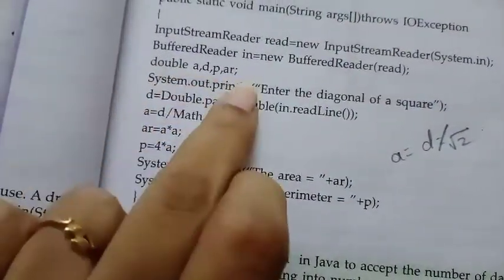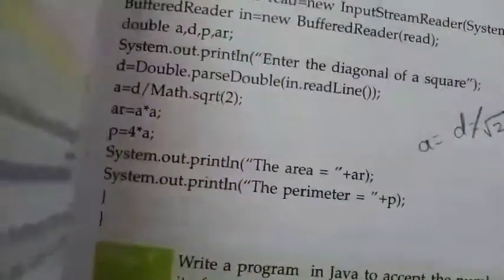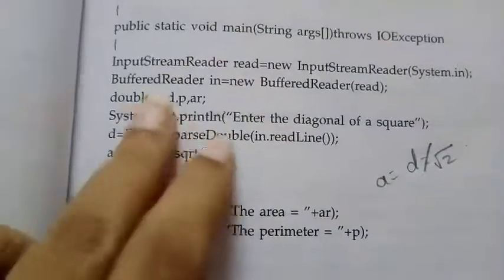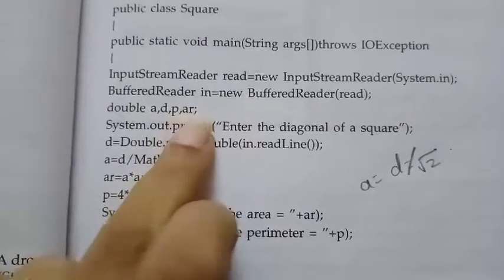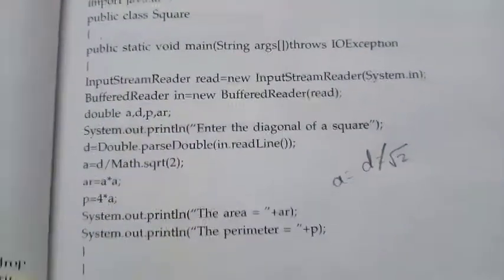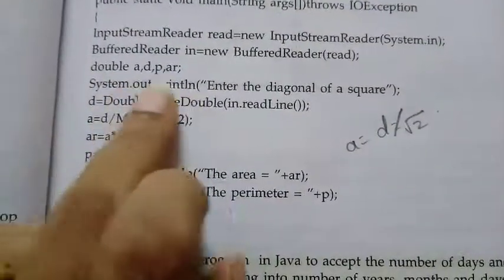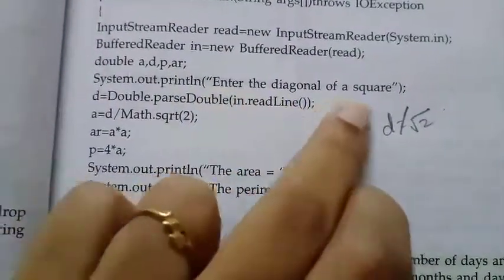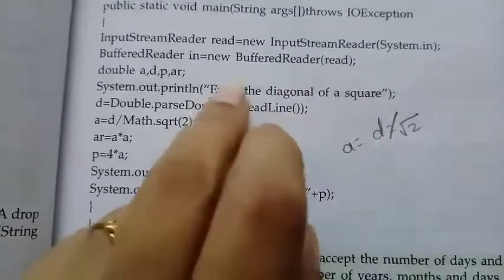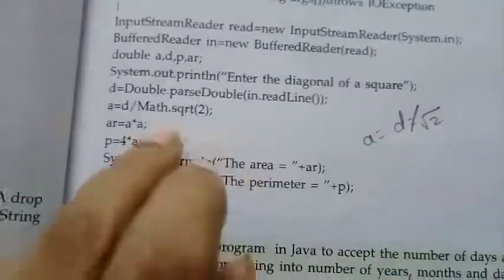Then this is your variable declaration: double a is for your square side, and d is your diagonal. p is perimeter, ar is the area of your square. Then you are using System.out.println. In this you are giving "enter the diagonal of a square", that is, you are asking the user to enter the diagonal of a square.